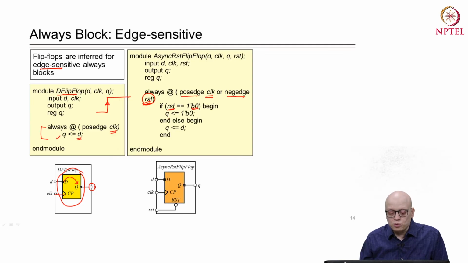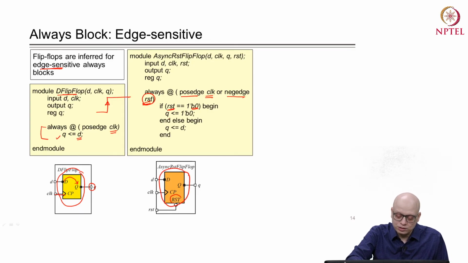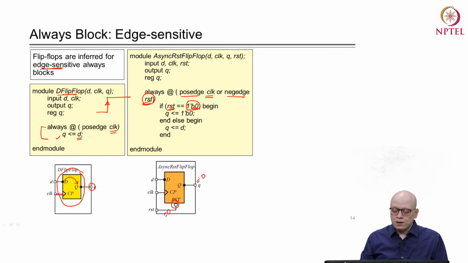So, corresponding to this description, a flip flop will be instantiated with an asynchronous reset pin, and reset is active when it takes a value 0, and therefore we will have a bubble here, meaning that when reset is equal to 0, then Q will take a value of 0.